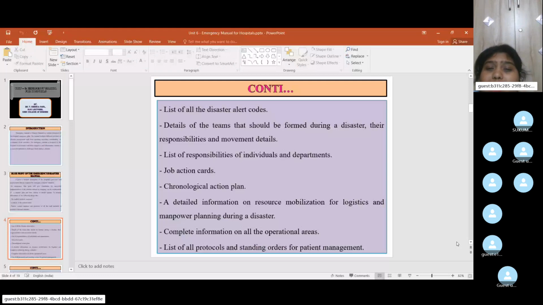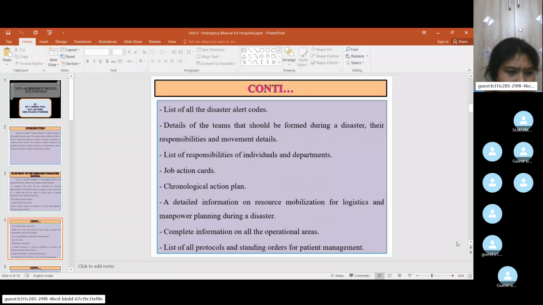Then details of the teams that should be formed during a disaster, the responsibility and movement details, a list of responsibilities of individuals and departments, job action cards, chronological action plan, detailed information on resource mobilization for logistics and manpower planning during a disaster, complete information on all the operational areas, and a list of all protocols and standing orders of patient management.